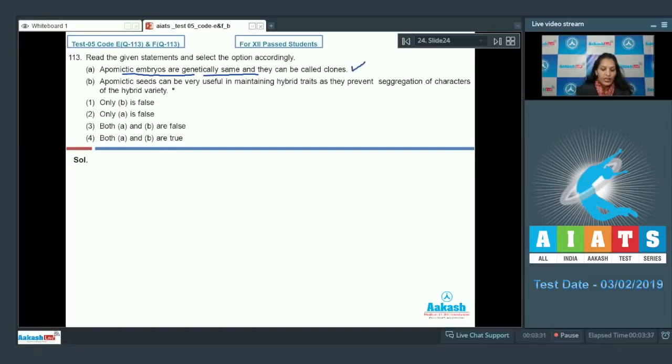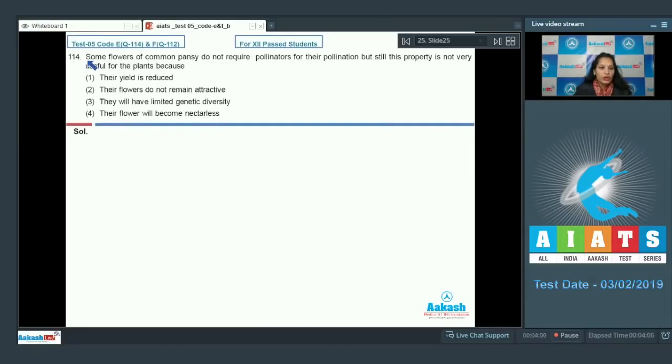So this is true. Because the production of apomictic seeds does not involve meiosis, there is no segregation of characters during crossing over. Hence they can maintain the hybrid characters in the hybrid variety. So this is also true. So both A and B are true. So the correct option for the given question is option number 4. Let's move on to the next question.